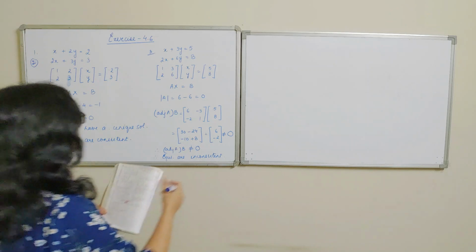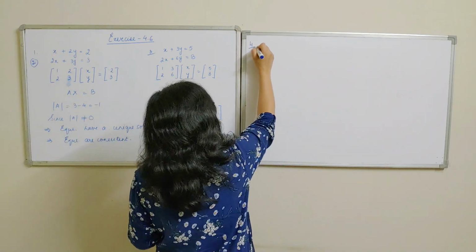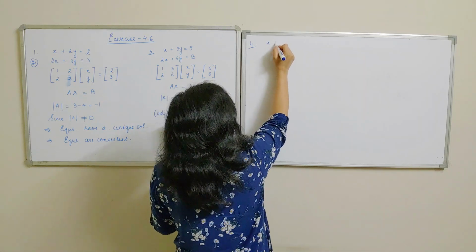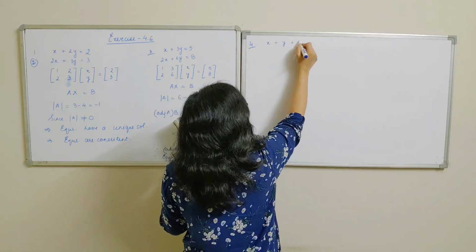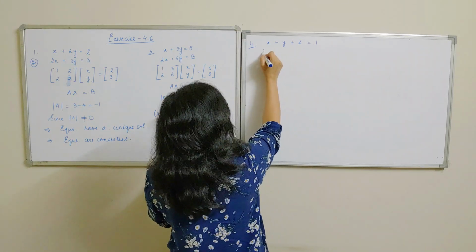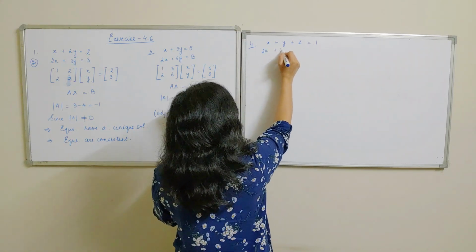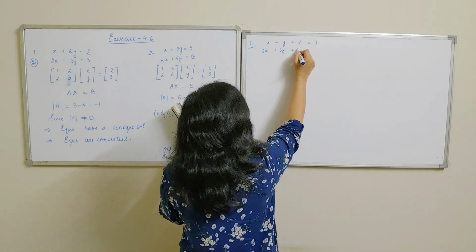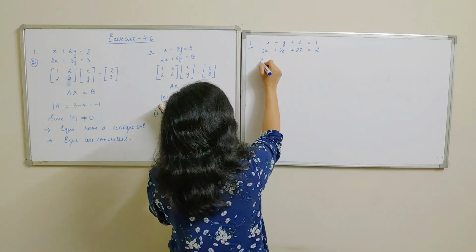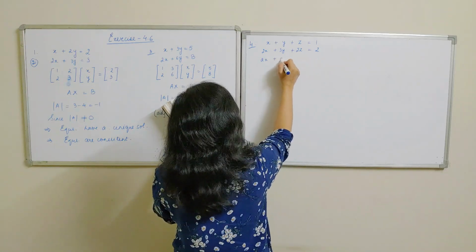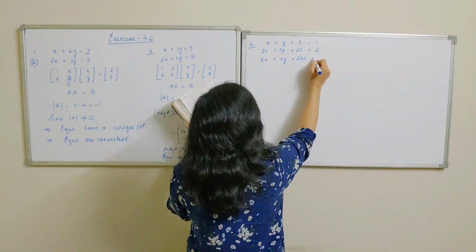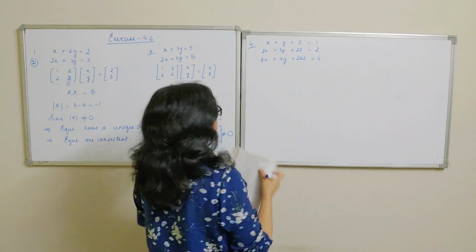Okay, then next we try out question number 4. 3 linear equations are given. x plus y plus z is 1. 2x plus 3y plus 2z is 2. ax plus ay plus 2az is 4.